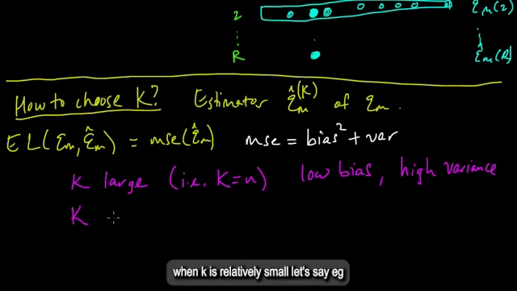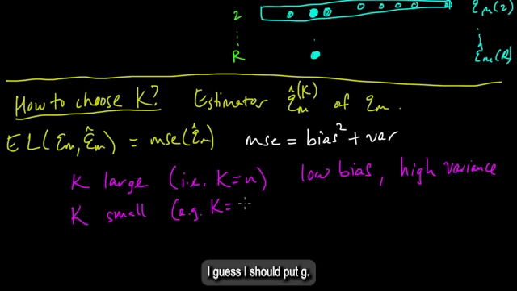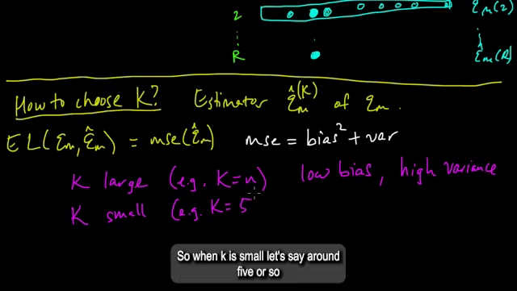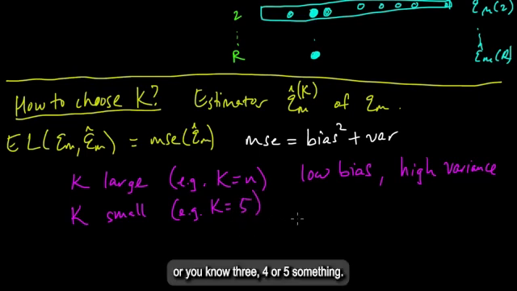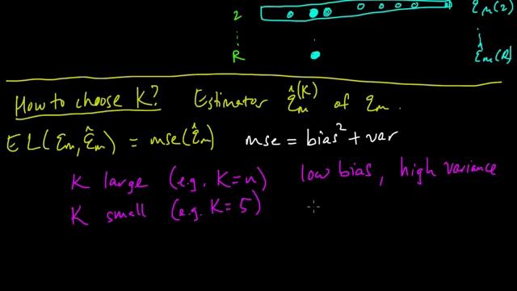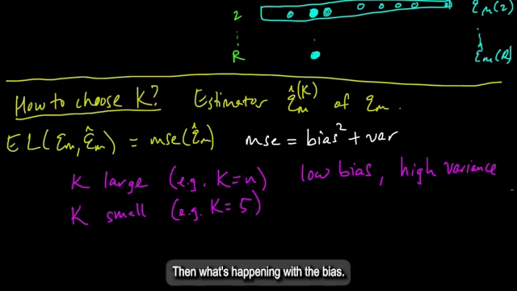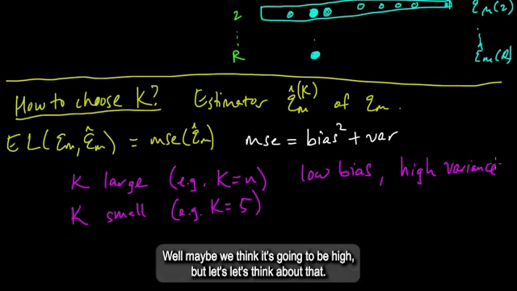So now what happens when k is relatively small? Let's say, for example, when k is small, around 3, 4, 5, something like that. Then what's happening with the bias? Well, maybe we would think it's going to be high.